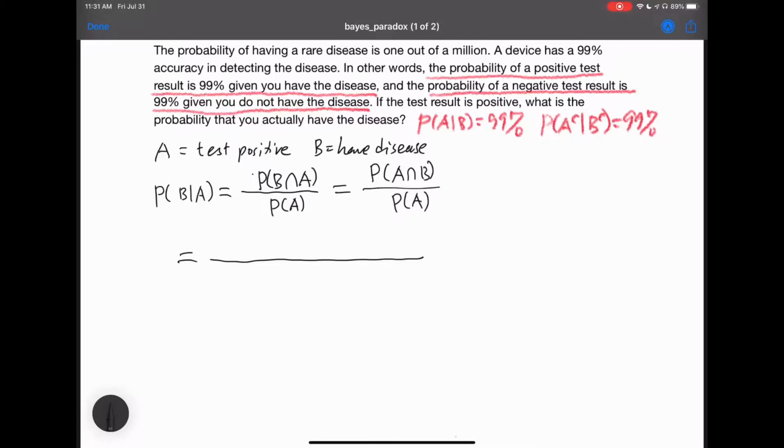The numerator can be written as probability of A given B multiplied by probability of B. This is the property of the conditional probability.